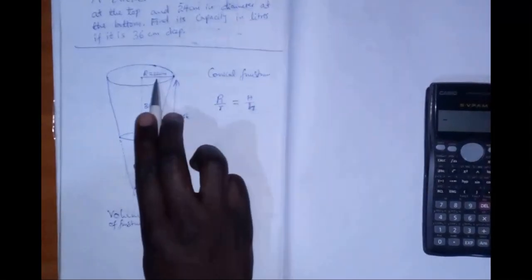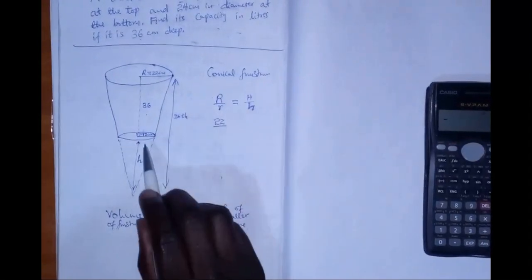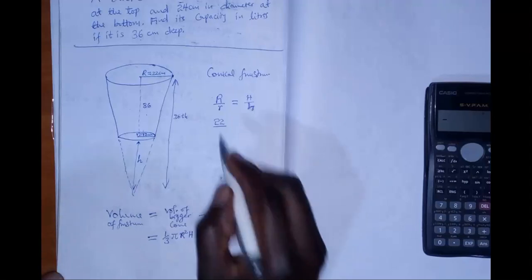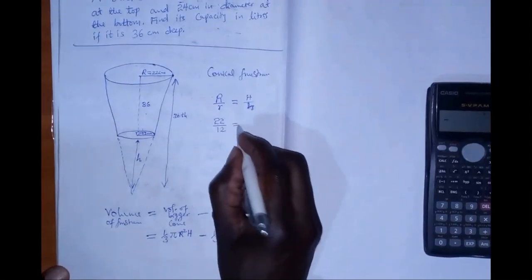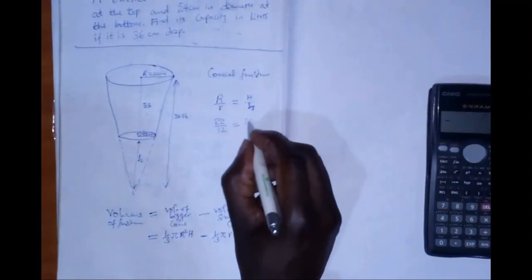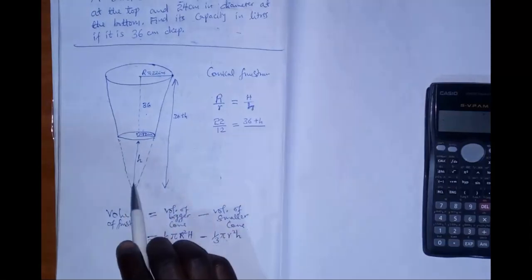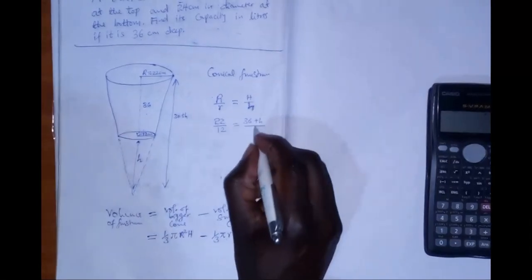So radius of the bigger cone is 22 over radius of the smaller cone is 12, equal to height of the bigger cone is 36 plus h all over height of the smaller cone is h.